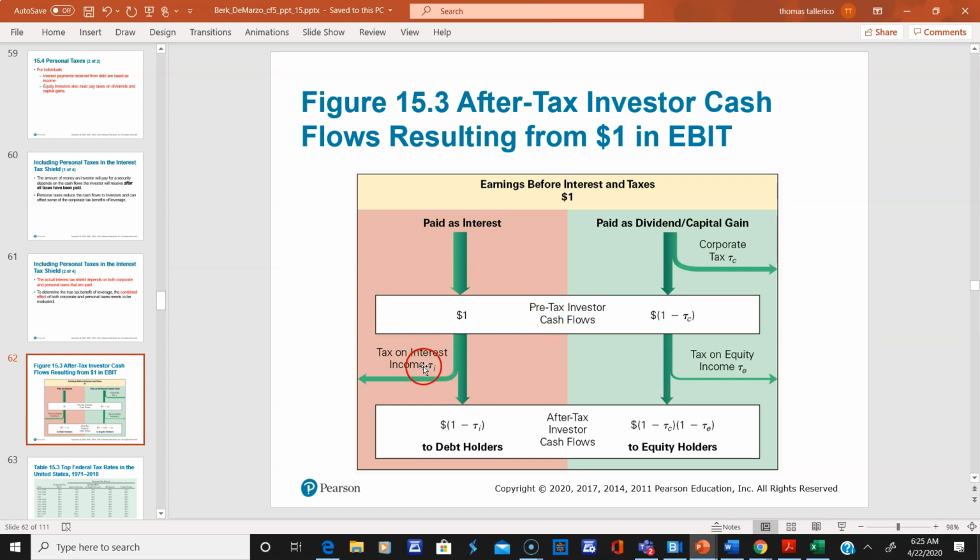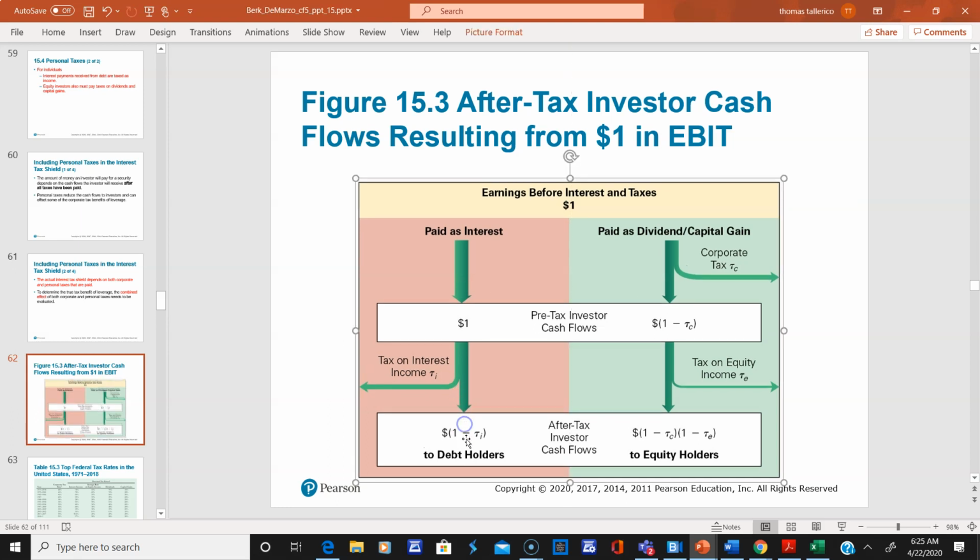The I stands for the investor. So you have to pay tax on that $1. That's the tax from the investor, and this is what's left after you pay that tax, to the debt holders. This is the debt side now. The pinkish is the debt side here.